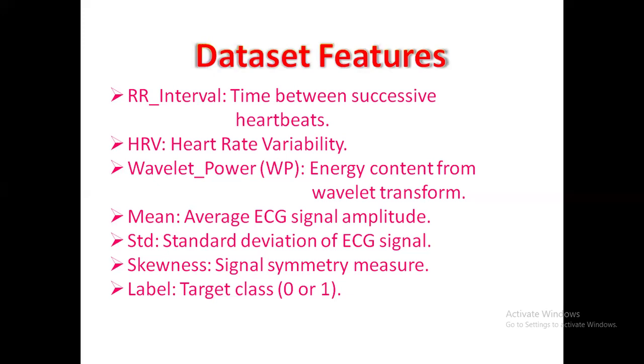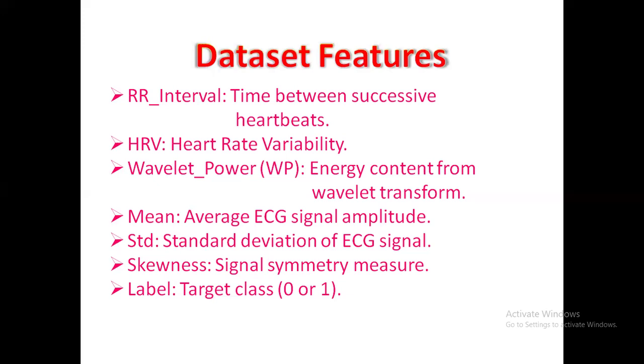WP reflects how much energy or signal strength is present in specific frequency bands over time. Different types of heart activity, for example normal or abnormal, generate different energy patterns. So WP helps the classifier distinguish between healthy and diseased signals by quantifying these variations.